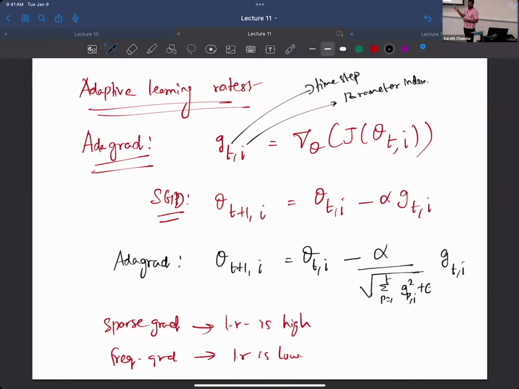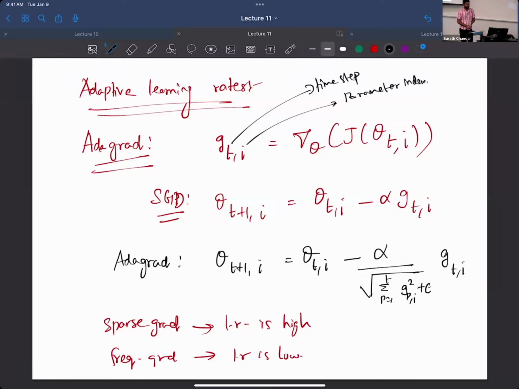Now, are there any potential caveats with AdaGrad? Yeah, that's one of the issues.